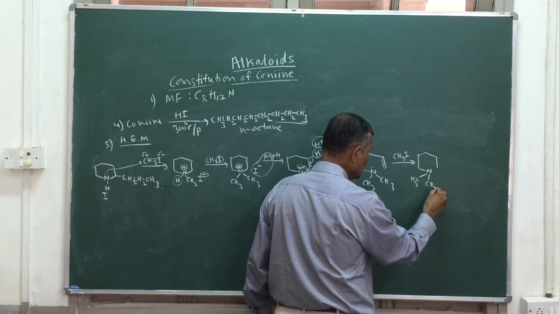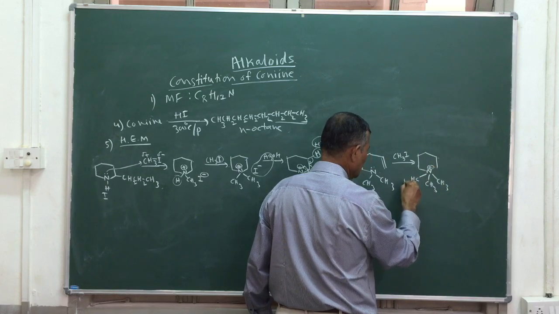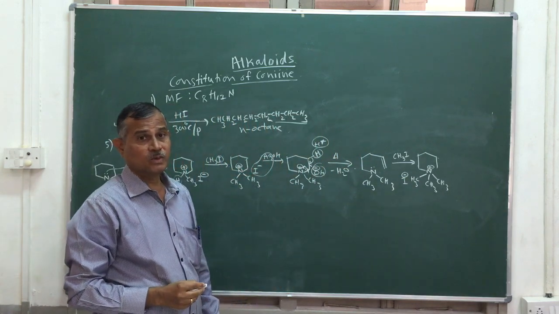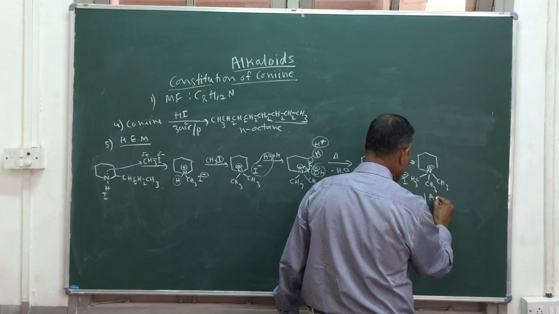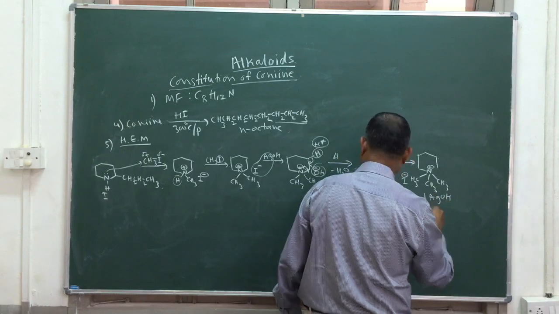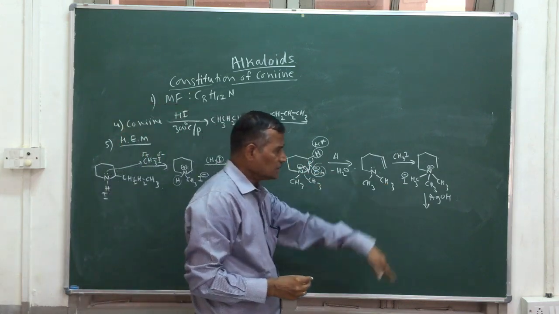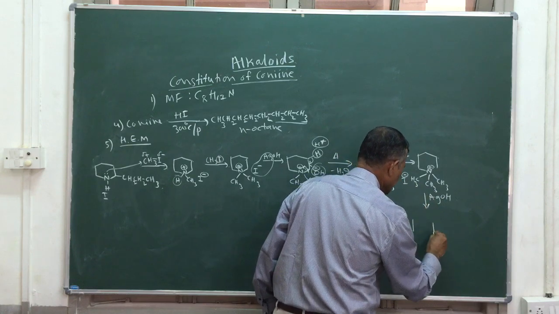So there is a third methyl group here, there will be a positive charge, and there will be iodide ions. You are going to get a quaternary methyl ammonium iodide. Further it should be treated again with silver hydroxide. These same steps are repeated here, so the iodide ions are replaced by hydroxide ions.